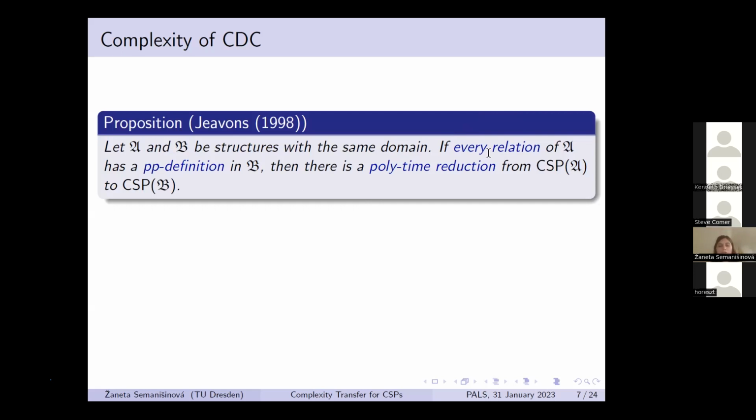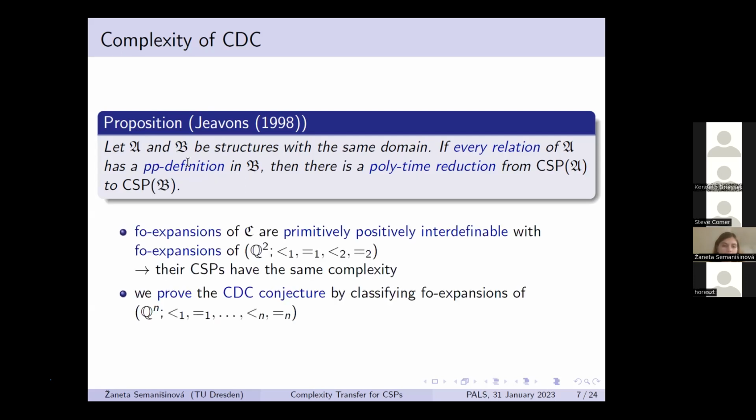So this should already hint at what I want to do with the cardinal direction calculus. I want to study a simpler structure, Q with coordinate-wise equality and order, and then I will be able to transfer the classification to understand the complexity of CDC.